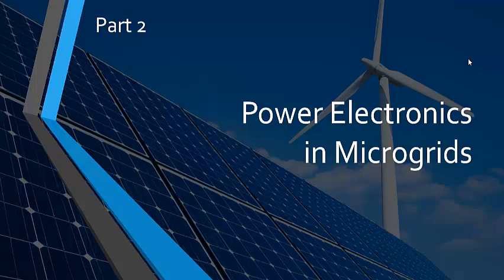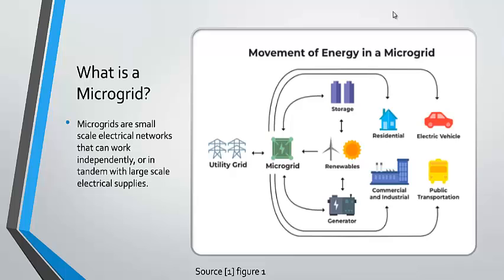Power electronics in microgrids. What is a microgrid? Microgrids are small-scale electrical networks that can work independently or in tandem with large-scale electrical supplies.